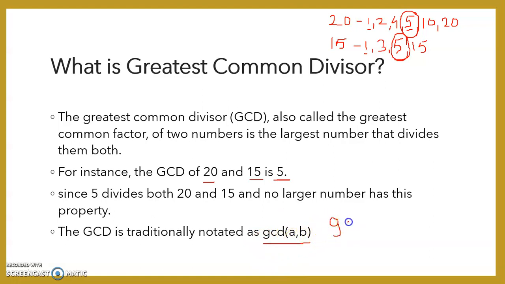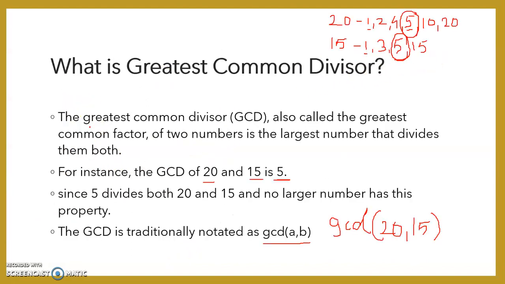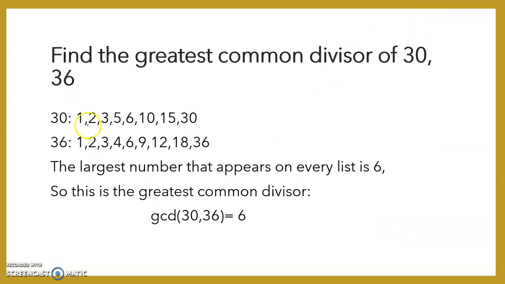If I write for these two numbers, GCD of 20 comma 15, this is the way of representing GCD of two numbers. Yes, so the same, another example we are looking at here, that is find the greatest common divisor of 30 and 36. So whatever task I have done here, the same task we are going to do here.